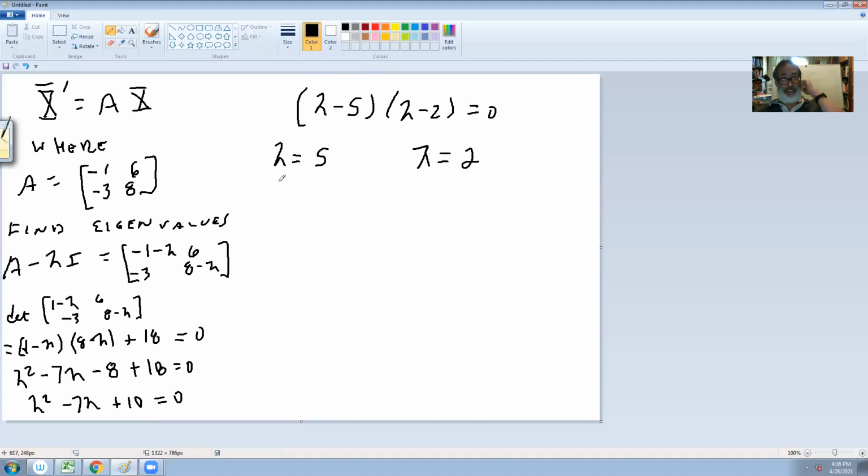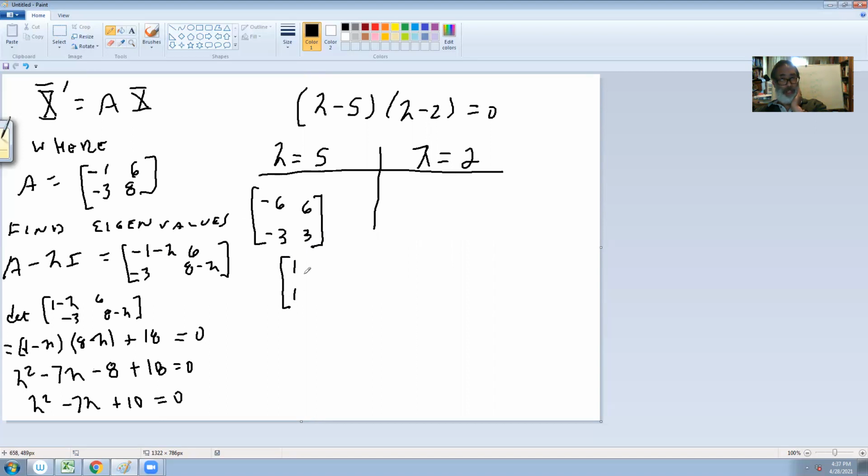Taking A minus 5I, you get -6, 6, -3, 3, so an eigenvector is 1, 1.